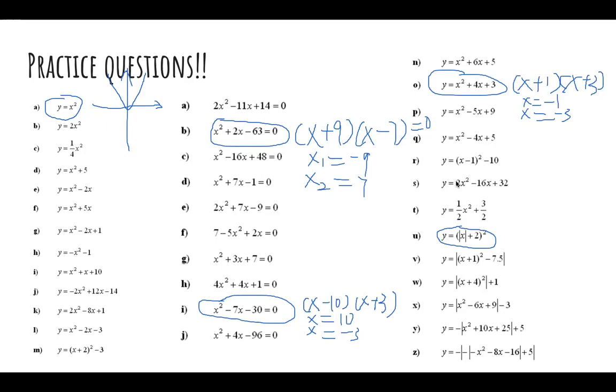So with this information, with these x-intercepts and the y-intercept, which is +3, we can graph this equation. So the equation should be like this.